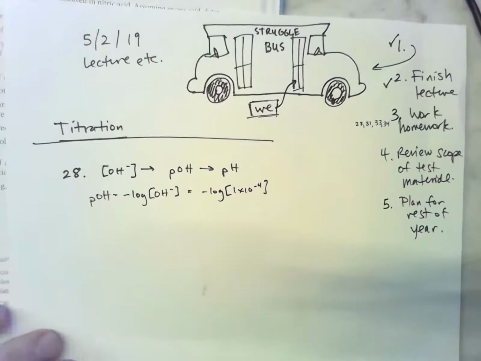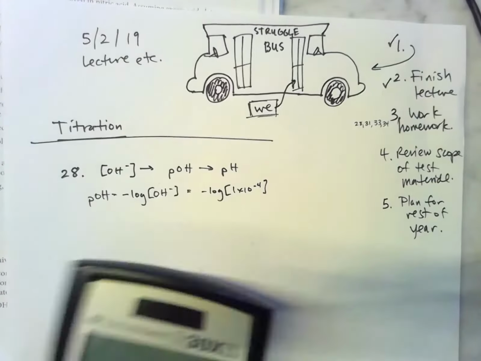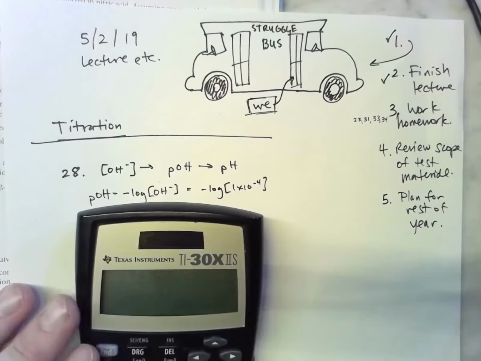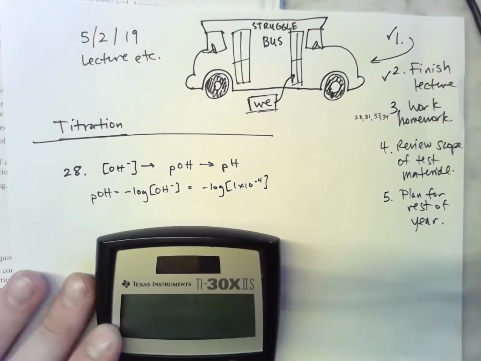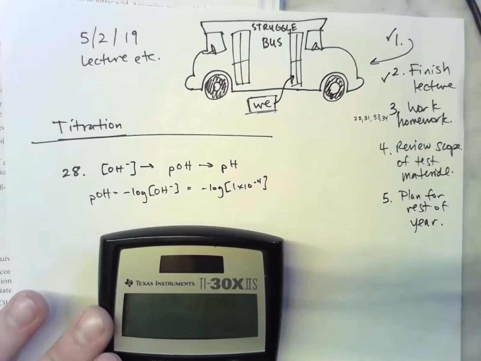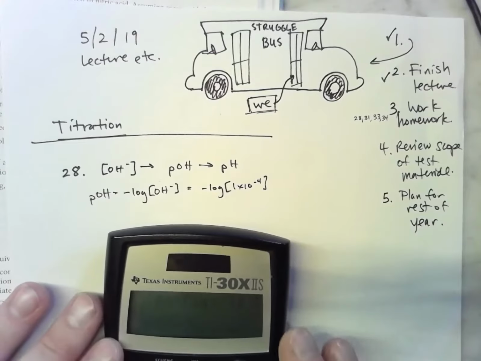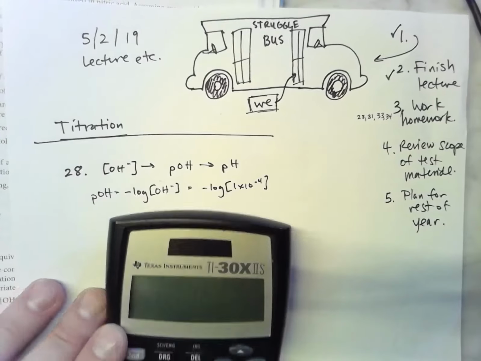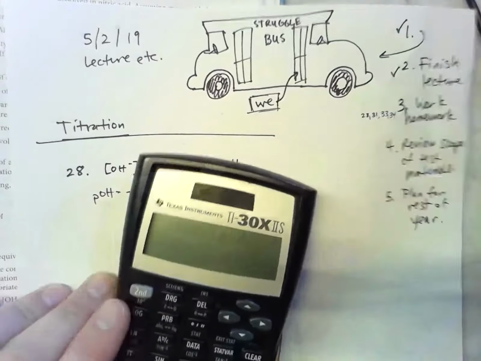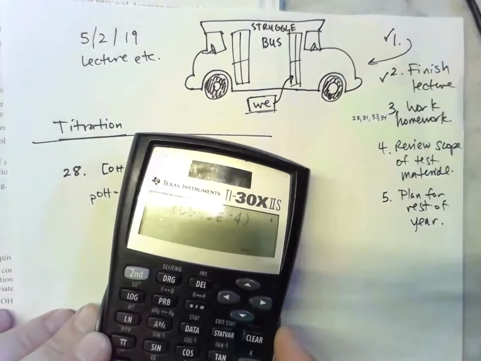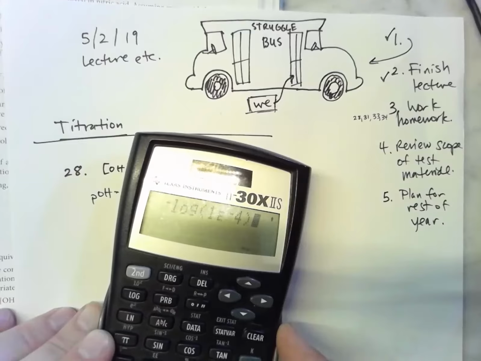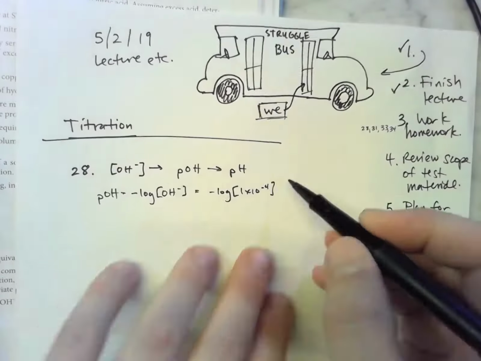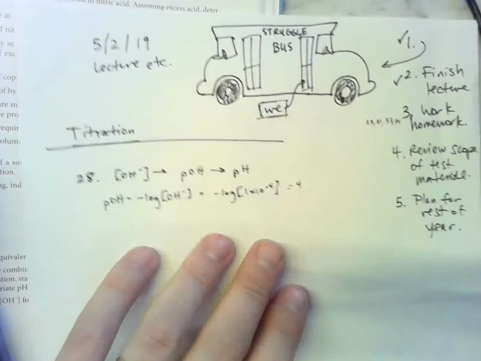Literally, we're just going to take that, and you see that? Boom, and that's 4. Now this is our pOH.